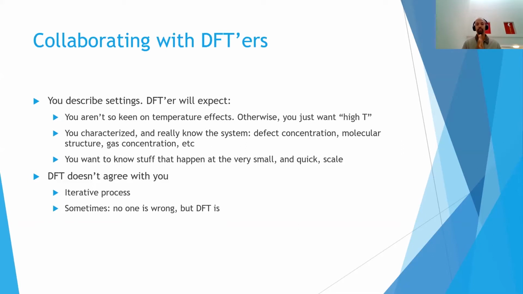And when you go to a DFTer, you want to know about things that happen at a very small scale, like the nano scale. I'm not going to say micro, I'm saying nano, like nanometers. And at a very quick time scale, as in femtoseconds. For longer time scales or larger sizes, there are better theories.